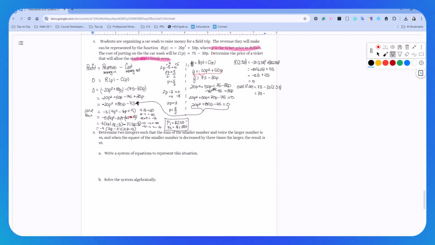Now 30 times 250 is 75, which is 0. So in other words, when the price is 250, there's 0 profit.